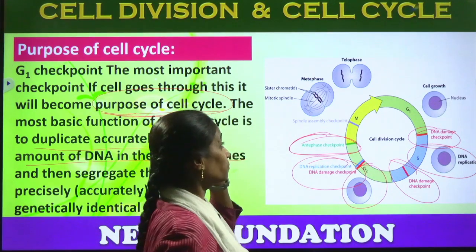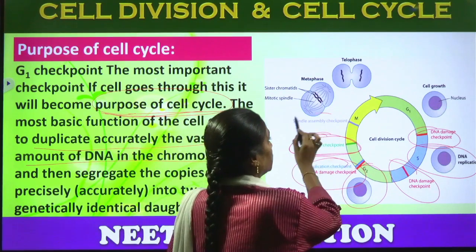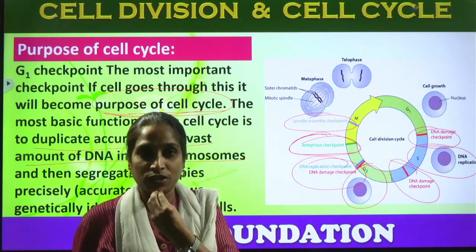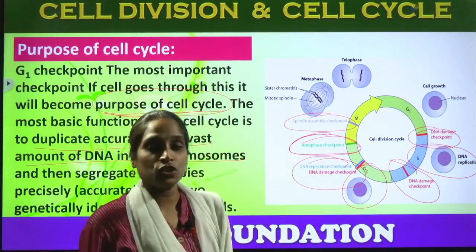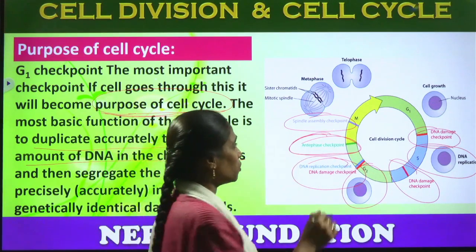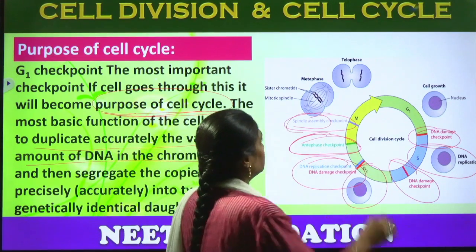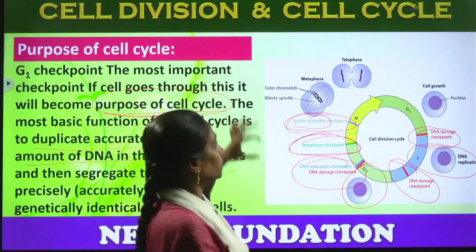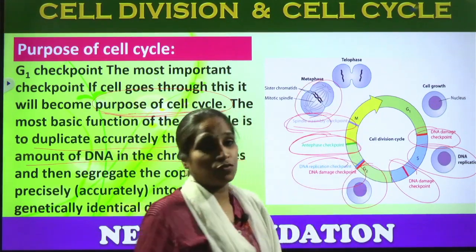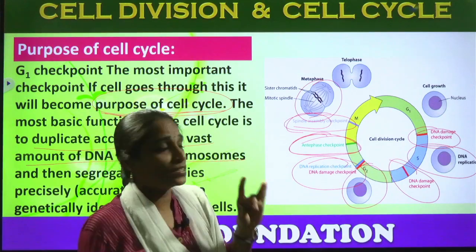And the next one, near the M phase, is the spindle assembly checkpoint. Okay, so before going to the spindle fiber formation, in the interphase we can observe the checkpoint for the spindle assembly. Okay, so here we can observe the prophase, metaphase, anaphase and the telophase.